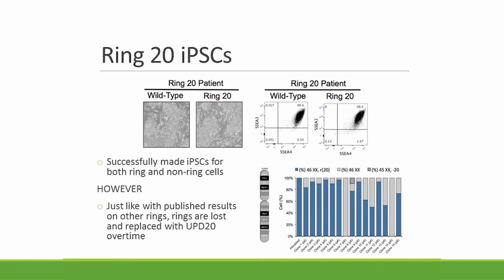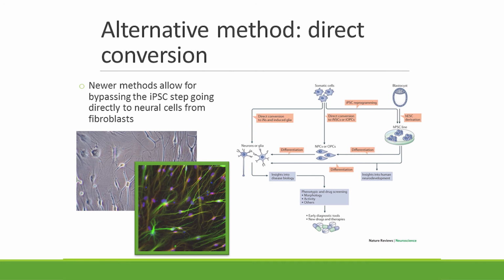However, about a year or two ago, more papers came out because there are newer technologies. Now there is a way of taking a fibroblast cell line and doing a direct conversion. You can trick the cell, a fibroblast, and it can go right into a neuronal cell without having to go through those intermediate steps.